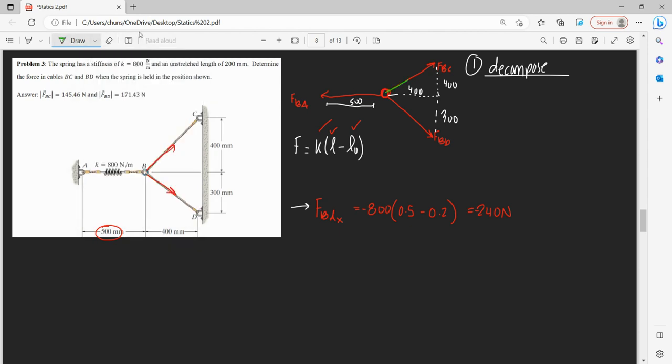Okay, next we are going to work with FBC. To find the X direction, we take the magnitude of FBC times the ratio it makes, which is just cos 45, because we have equal base and height, so this angle is 45 degrees.